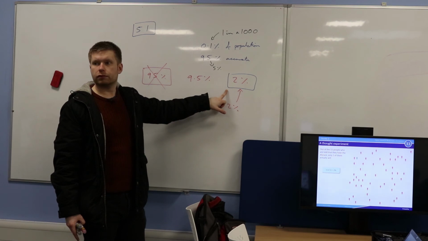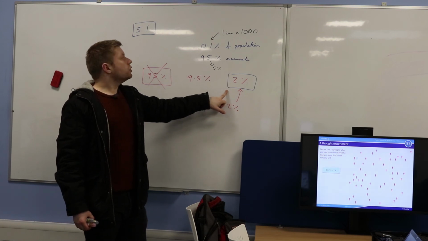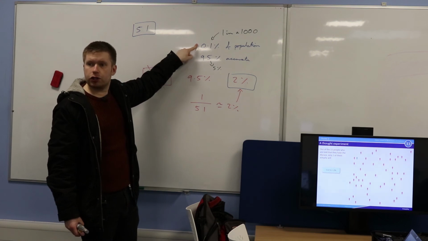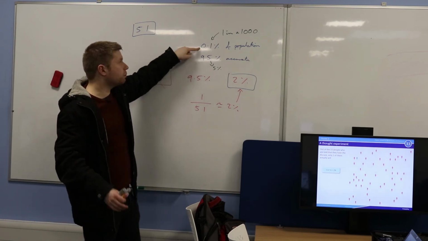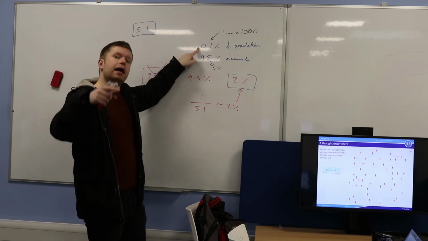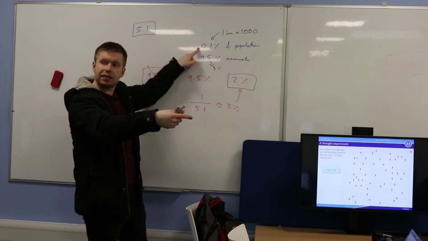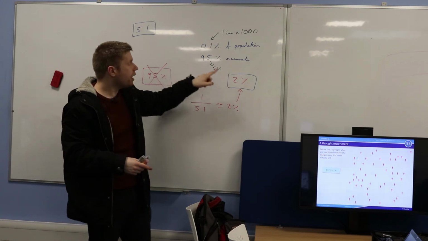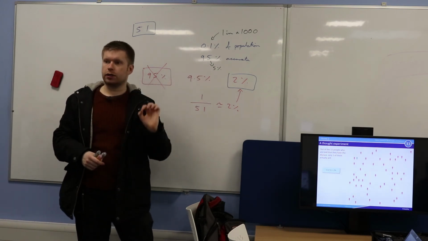So does that mean that the real answer is not 0.1% of the population, it's 2% of the population that would be affected? No, it doesn't mean that. The chance that you have the disease in the entire population is still 0.1%. However, if you take a test of every single person in the population and it comes back positive, there is only a 2% chance that that person actually has the disease.